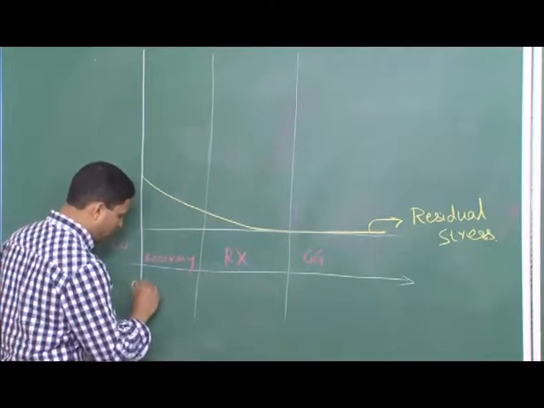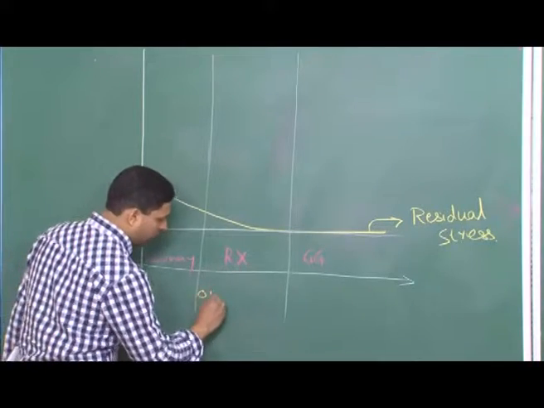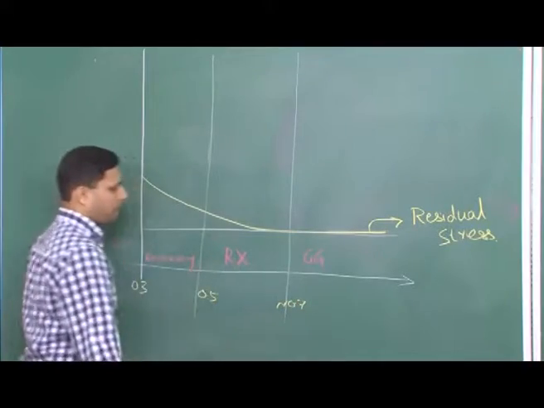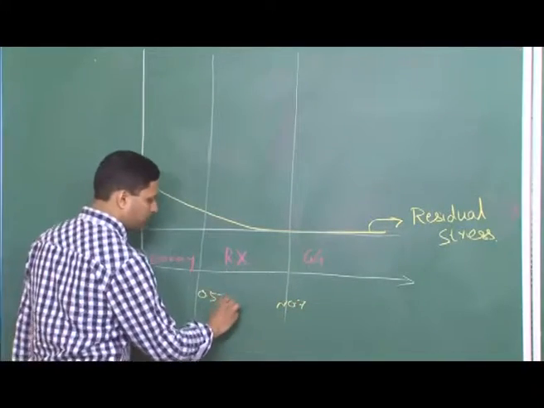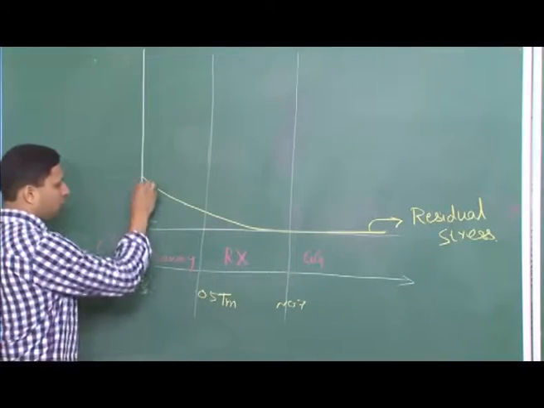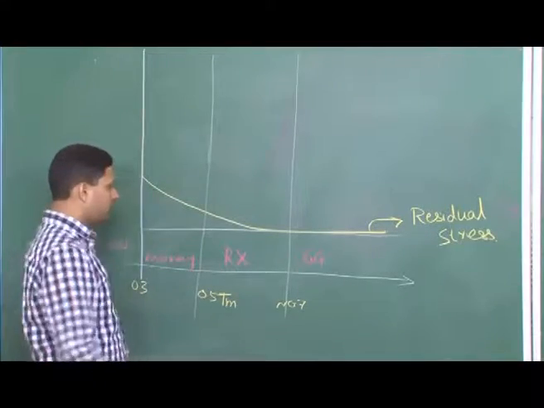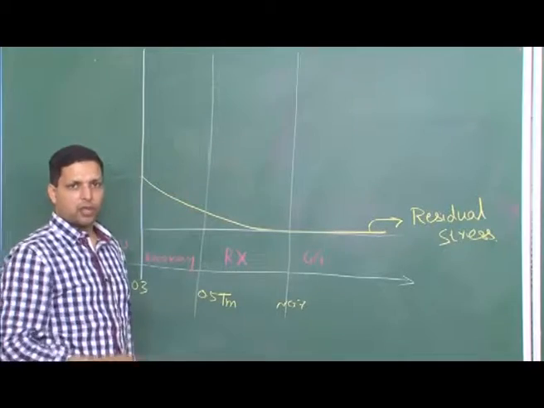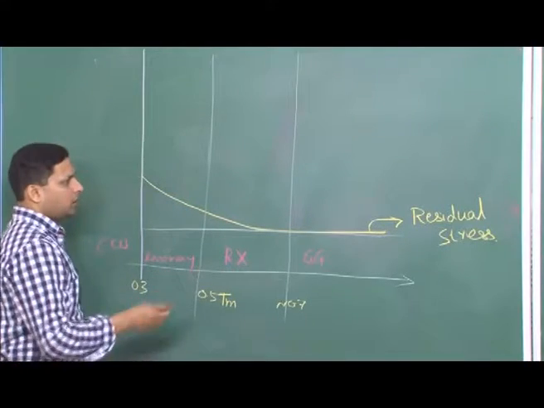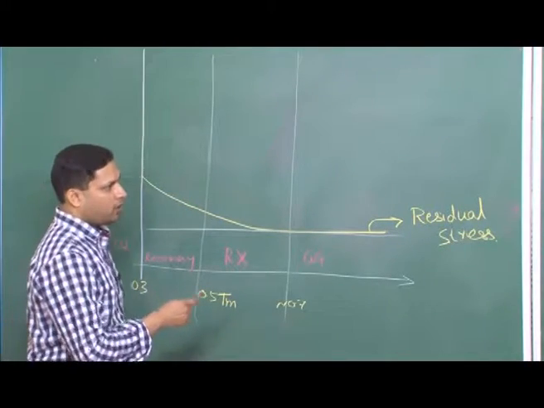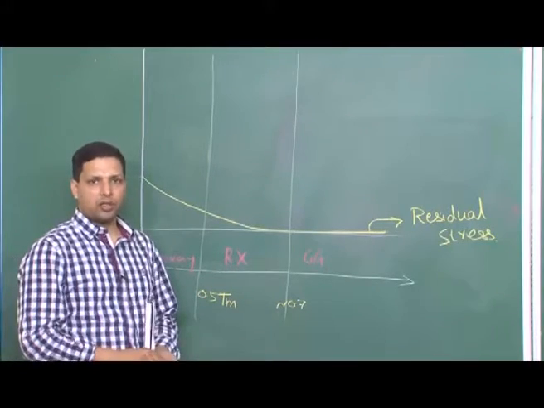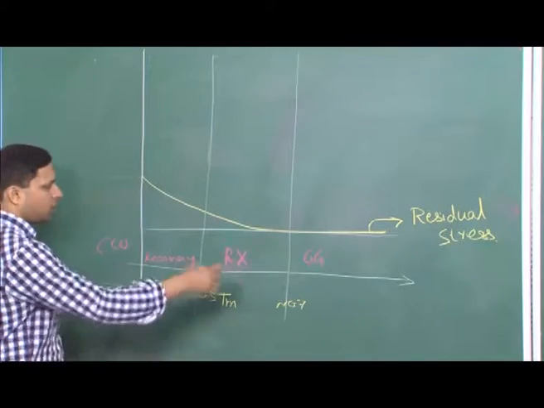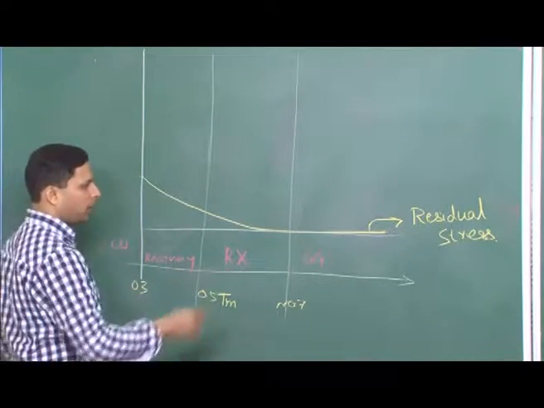So, we have again, let me mark 0.3, 0.5 and approximately 0.7 Tm. So, if you are in the recovery zone, the drop in the residual stress starts to take place. Now, it is time to take a look at how the microstructure changes when we go from this temperature to the higher temperature.